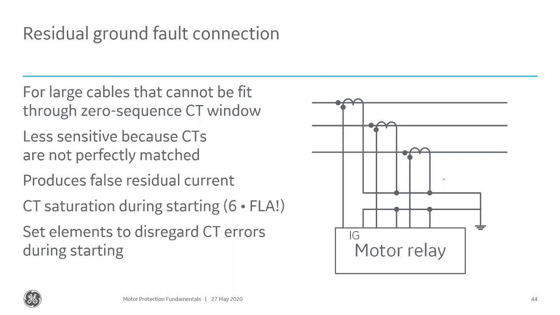Whether or not this sort of ground protection will be appropriate for that 1,000 or 2,000 amps of ground fault current will depend largely on the size of these CTs up here, right? If the CTs are really, really big, then I may not be able to get down there low enough.